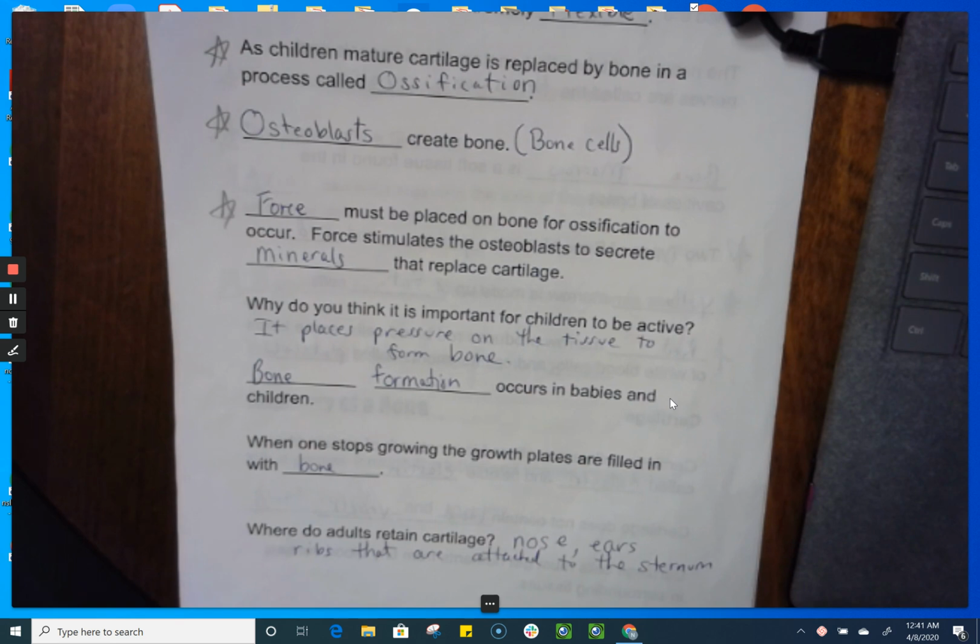And some people who want their kids to be athletes and worry about their development, how tall they're going to be, will actually have people x-ray the kids' growth plates to see if they're starting to fill in with bone or if they're still going to grow some more. People get a little crazy when it comes to sports sometimes.